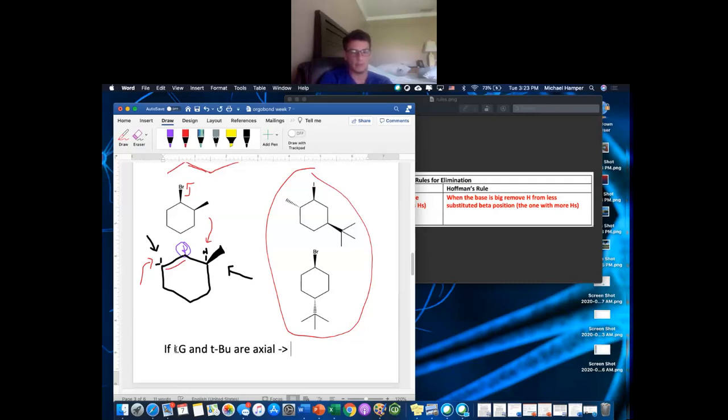then there's no reaction. All right, so again, remember from chapter 4, our axial and equatorial positions are kind of opposites. So one will be axial, the next one will be equatorial, and back and forth, back and forth. So we can arbitrarily say that this is an axial position.